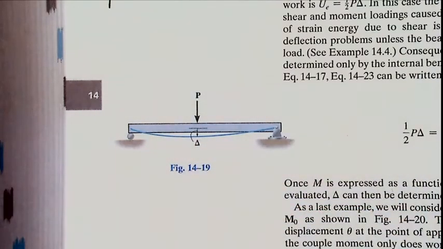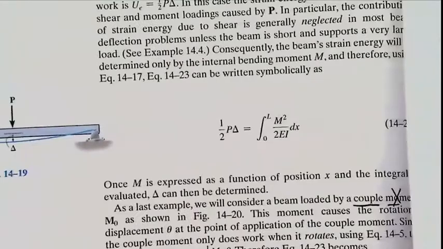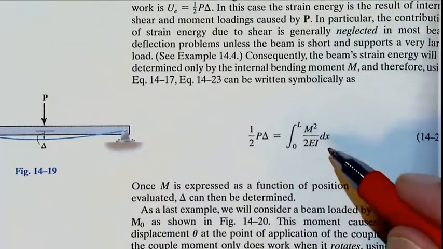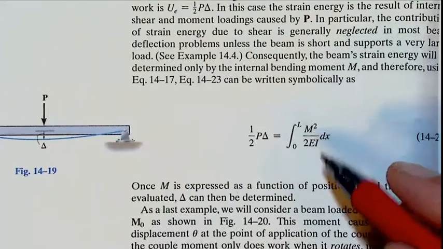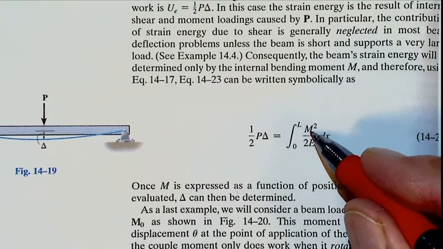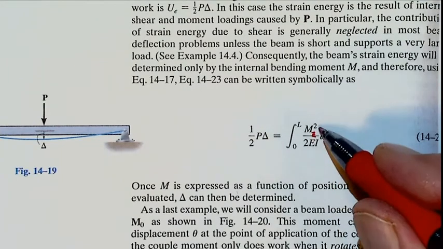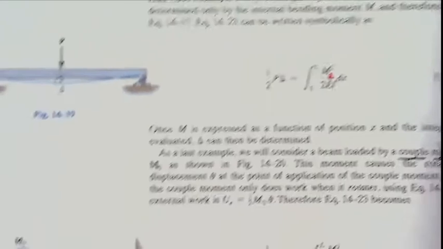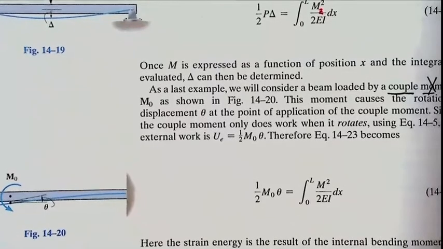Appropriate work of external forces is 1/2 P times delta, okay? And that equals the integral of the beam bending moment, I will call it mz, squared over 2EI dx, okay?